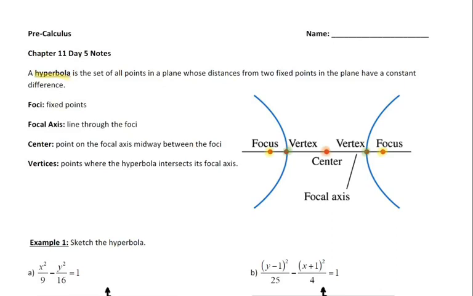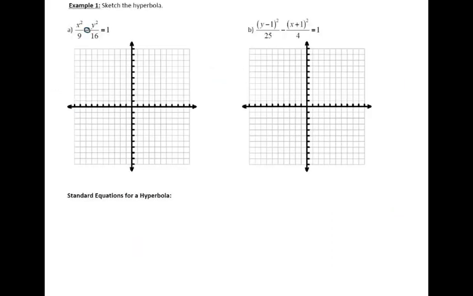We'll talk about how to find the length or the value to get to the focus and how that's slightly different than an ellipse. But in general, a hyperbola will have two foci, two vertices, and a center, much like an ellipse does. Again, the focus is outside of the vertex from the center in a hyperbola, whereas it wasn't so in an ellipse.